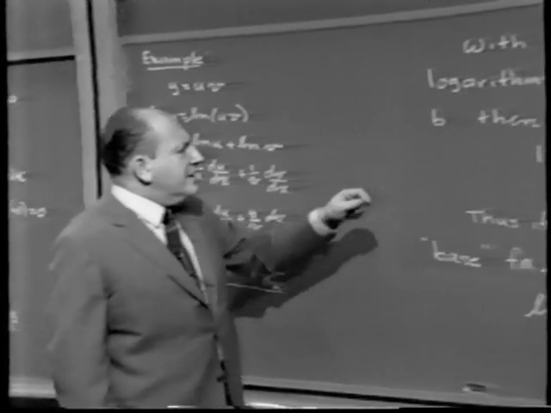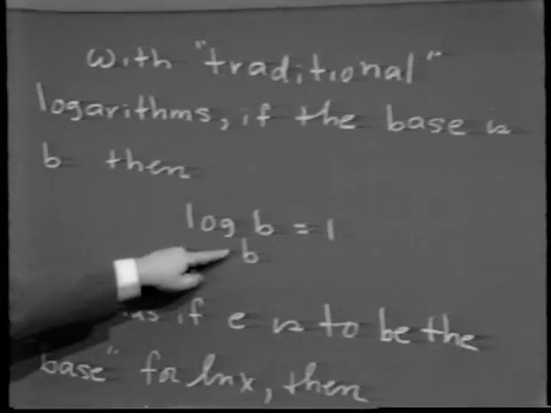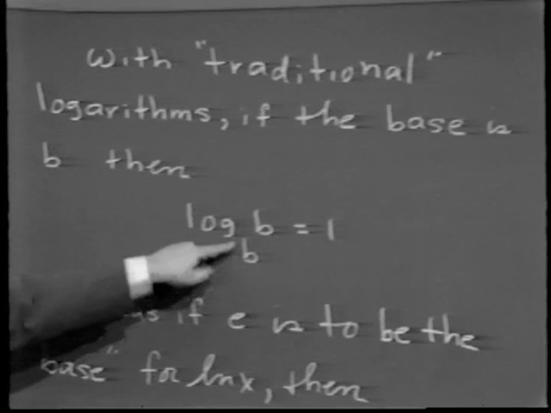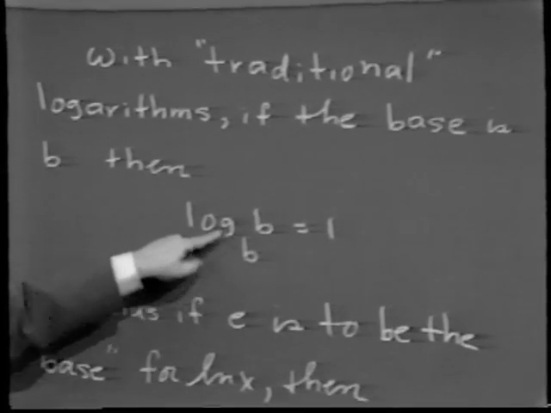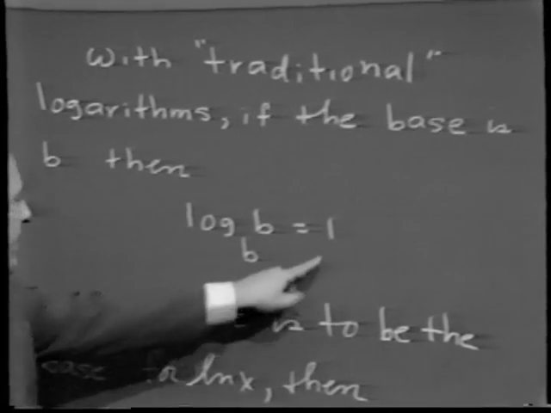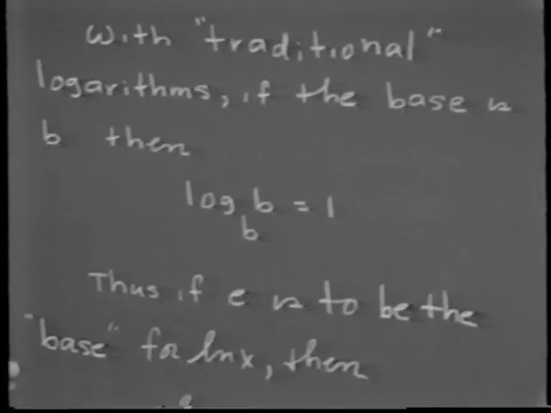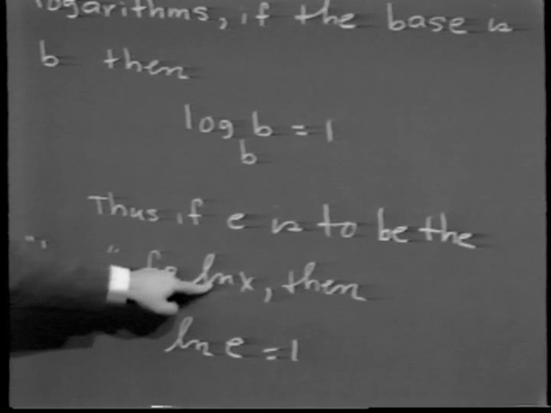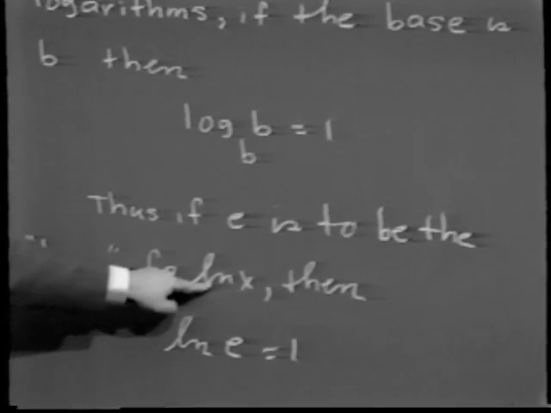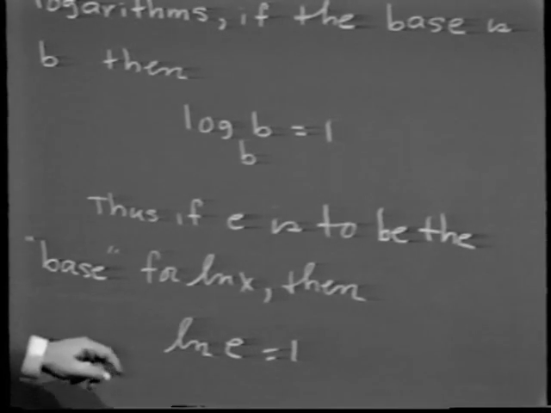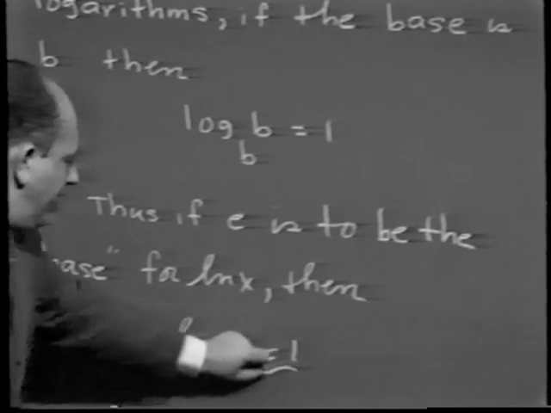But the idea is this. Notice that in a traditional logarithm system, if the base is b, the base is characterized by the fact that the log of b to the base b is 1. Thus, if we use e to denote the base for the natural log, whatever e is, it must be characterized by the fact that the natural log of e is 1.